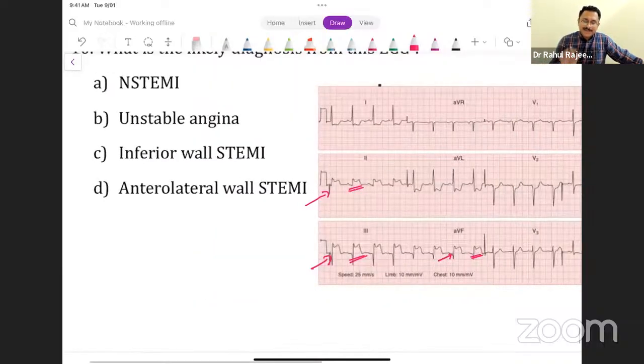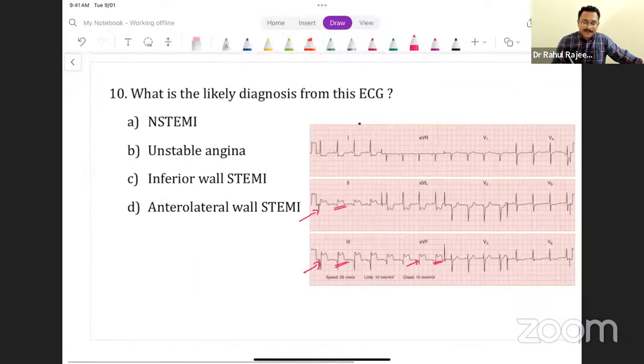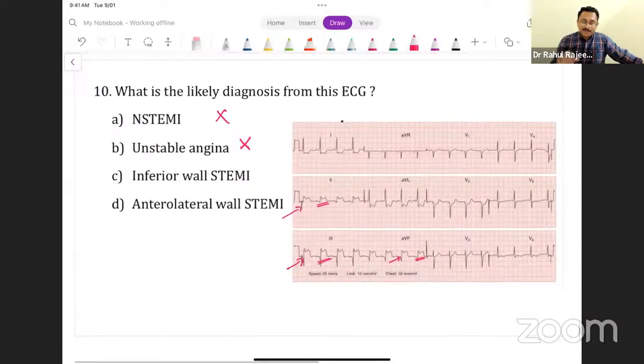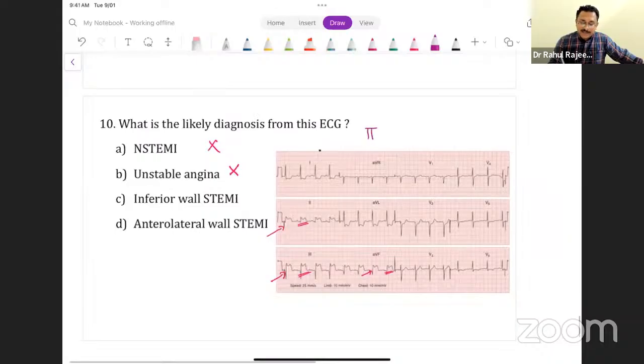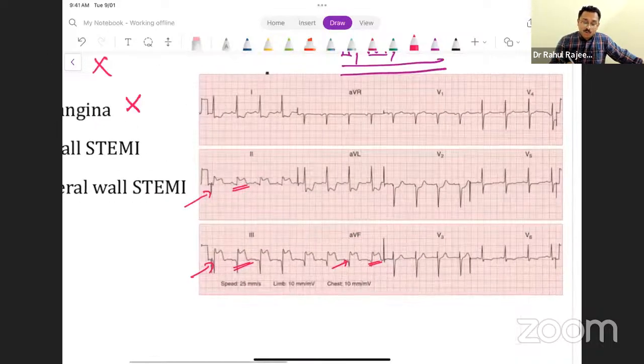So that means this is some sort of ST segment elevation MI, and I am already eliminating non-ST elevation MI and unstable angina. Now it is just about wall localization, which part is involved. I can see ST segment elevation in lead 2, lead 3 and lead AVF, with reciprocal ST depression in leads 1 and AVL.